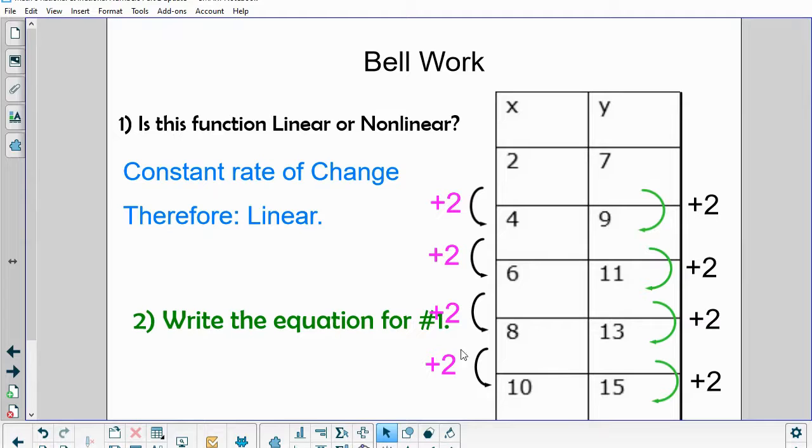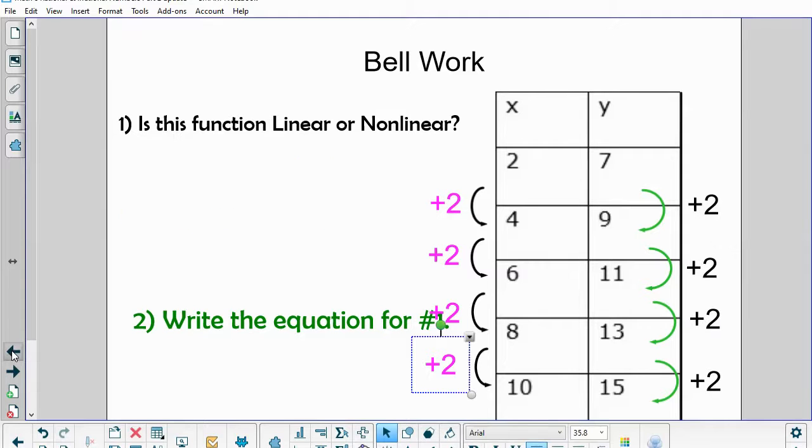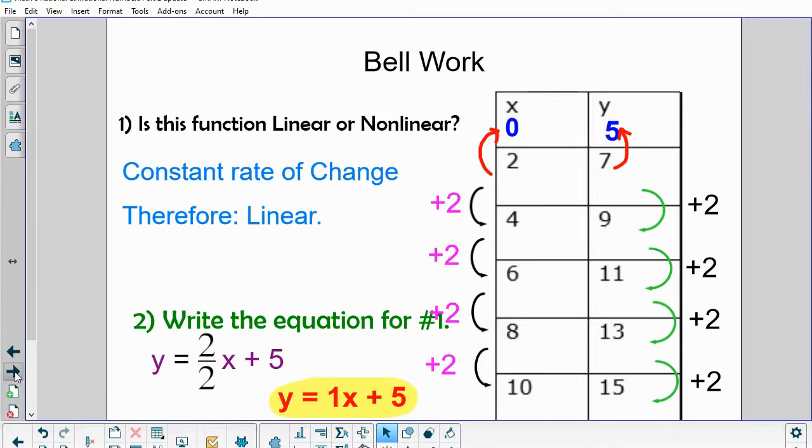And now we need to write an equation for it. To do that, we notice that we've got a constant rate of change of 2 over 2. So we write y equals 2 over 2x plus, and then we notice up here on our pattern that if we reverse our pattern and go down from 2, we'll end up at 0.